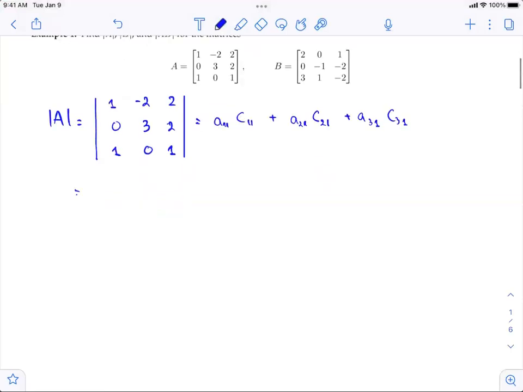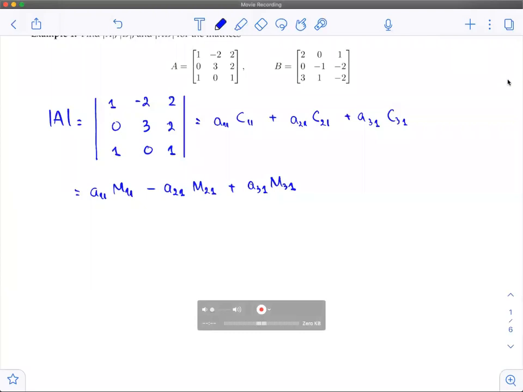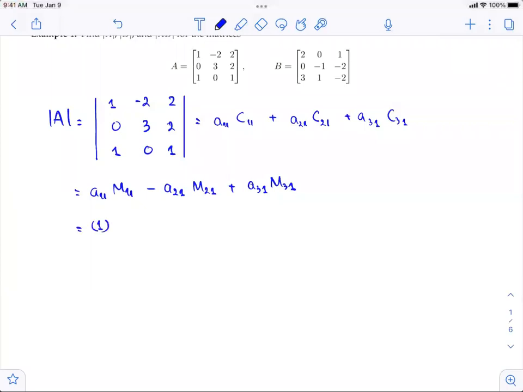So the determinant of A is going to be A11 times M11 minus A21 times M21 plus A31 times M31. All right, so A11 is equal to 1 times M11. You choose the first entry, delete the corresponding row and the corresponding column, and you get M11 to be the determinant of 3, 2, 0, 1.